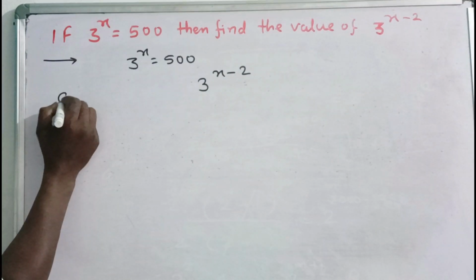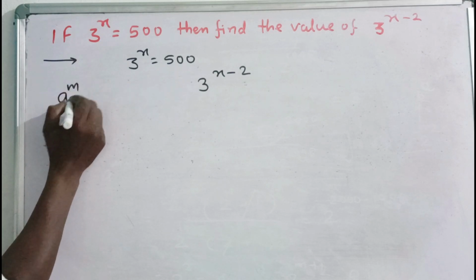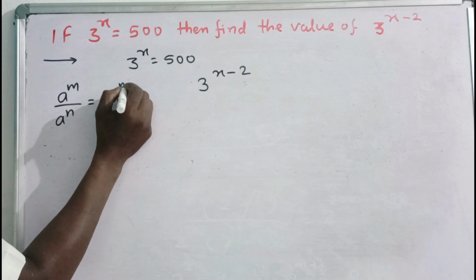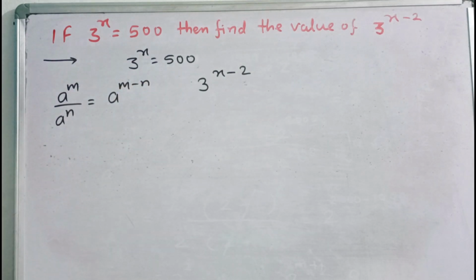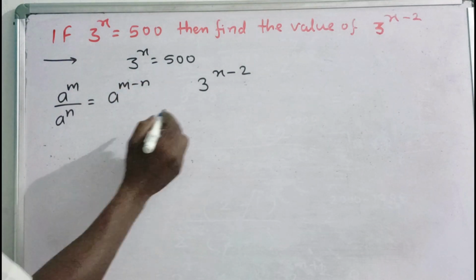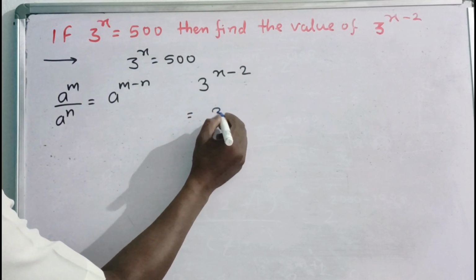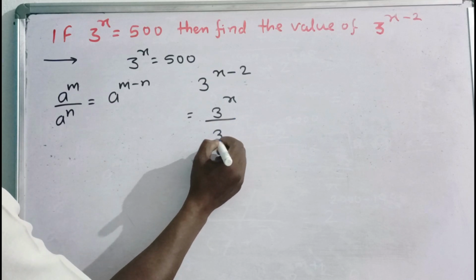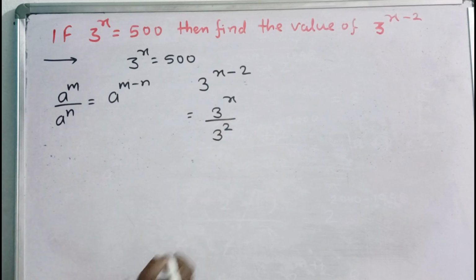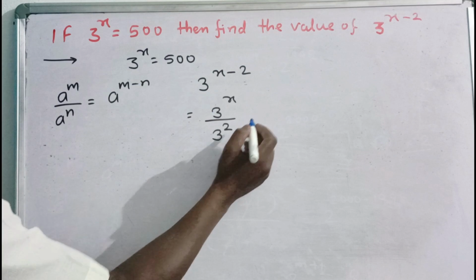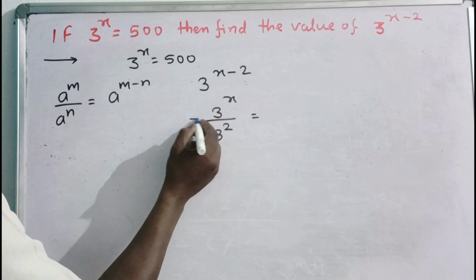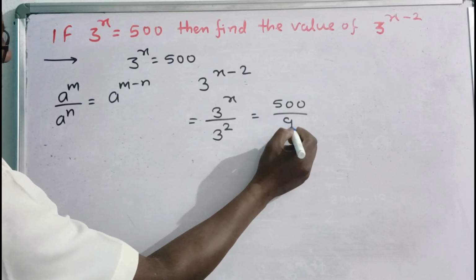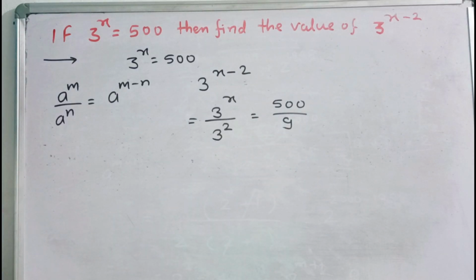As we know that a raised to the power m divided by a raised to the power n is nothing but a raised to the power m minus n, so this is equal to 3 raised to the power x divided by 3 raised to the power 2. What is the value of 3 raised to the power x? It is equal to 500 divided by 9. This is the answer.